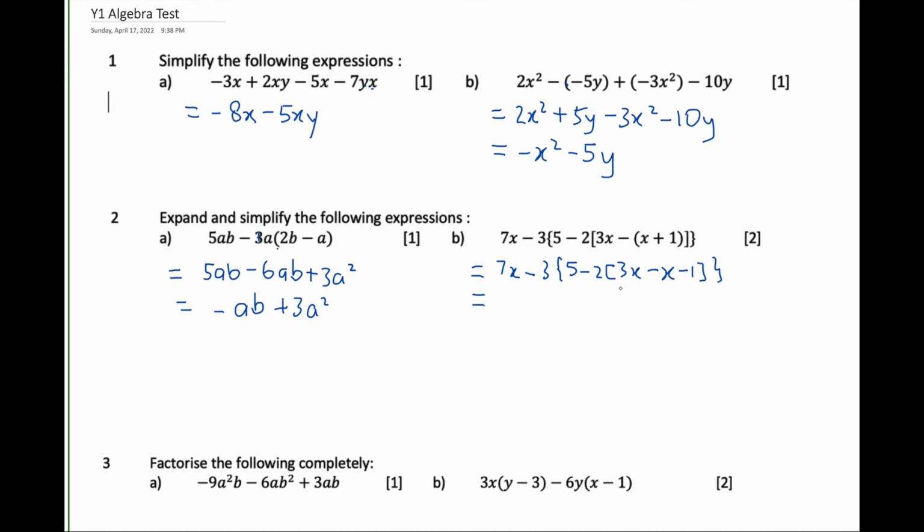Next, we need to simplify what is in the square brackets before we open up the next level of brackets. We have 3x minus x, which is 2x minus 1.